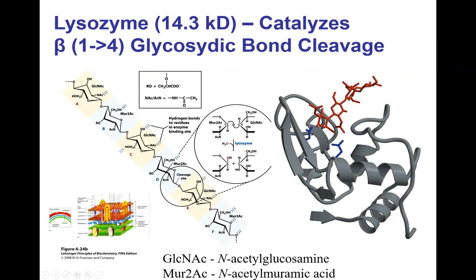And the integrity of that peptidoglycan is absolutely essential for bacterial survival. If you can inhibit any of those enzymes that actually form the peptidoglycan, you can kill bacteria. So you can create antibiotics. That's how antibiotics can be created, one way.